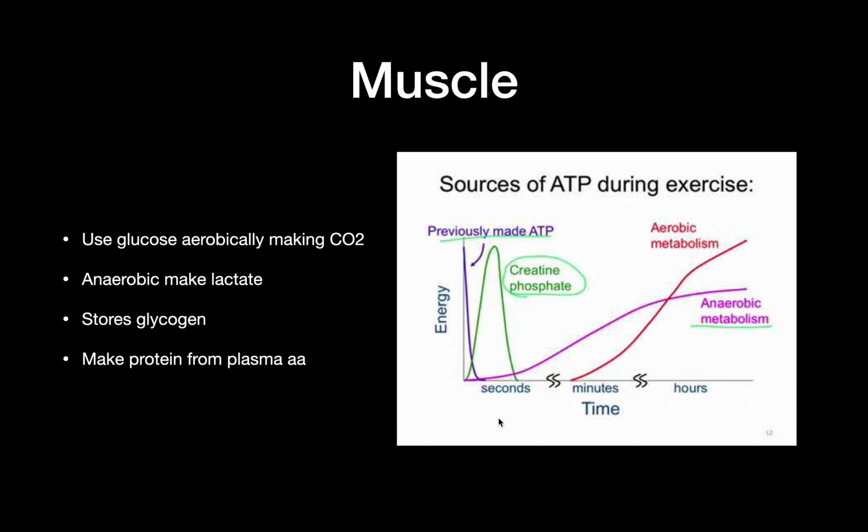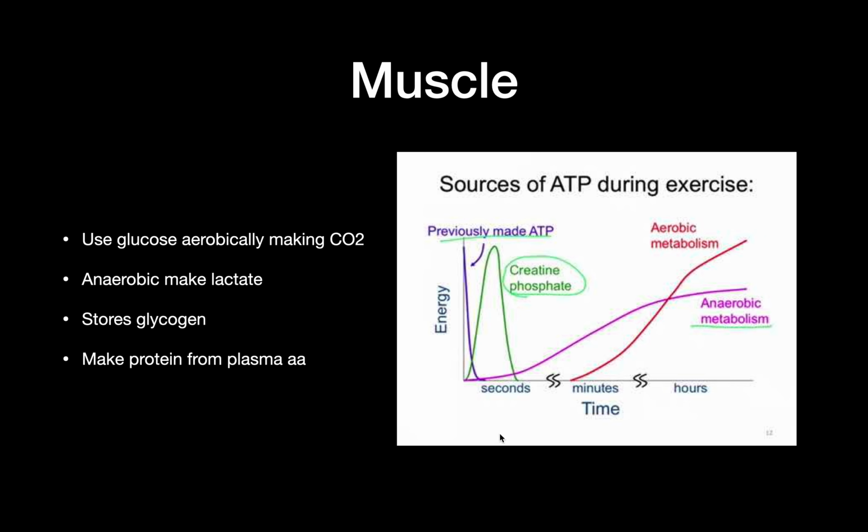So here are the sources of ATP during exercise. And this is why people focus on two different types of workouts. The HIIT training, so the high intensity interval training, and the long marathon styles of training.